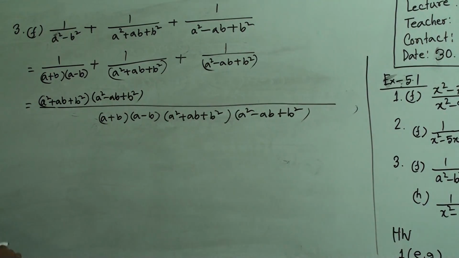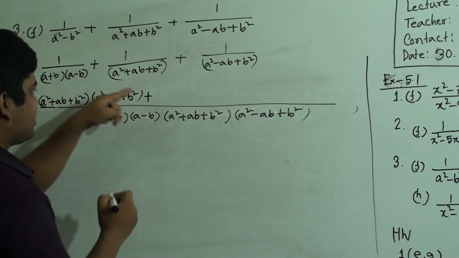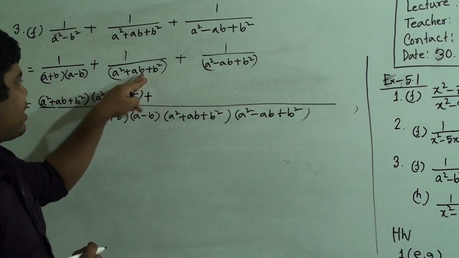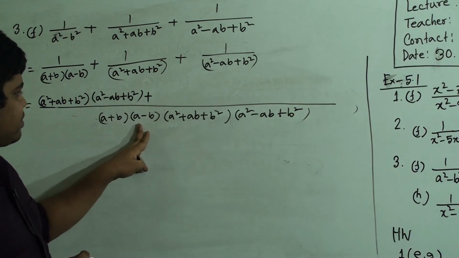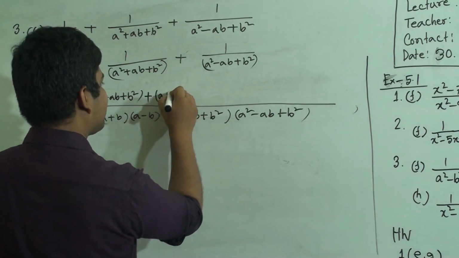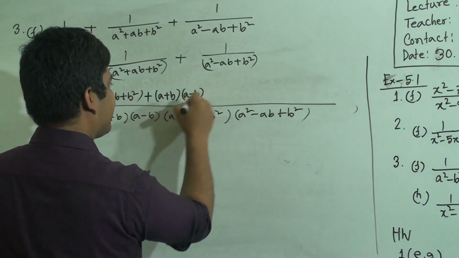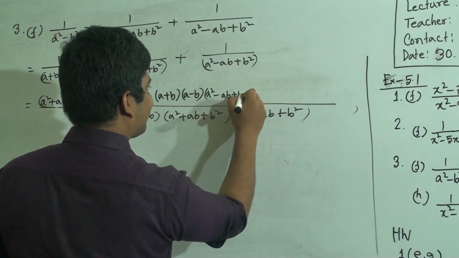Okay, then this plus sign is here. Now we divide this LCM by the denominator of the second fraction, and we get a plus b into a minus b and this number. So we write a plus b into a minus b, and here a square minus ab plus b square.